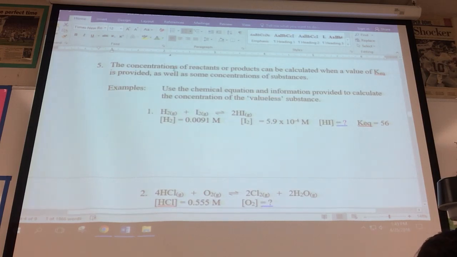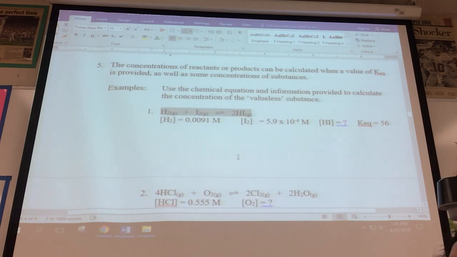In number 5, it says the concentration of reactants or products can be calculated when a value of KEQ is provided, as well as some concentrations of substances. For example, use the chemical equation and information provided to calculate the concentration of the valueless substance.